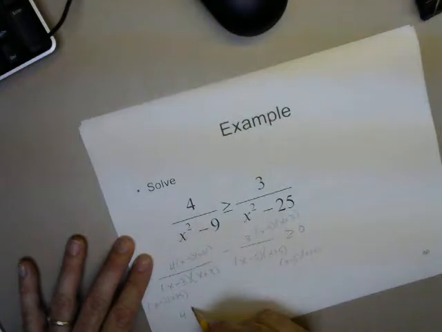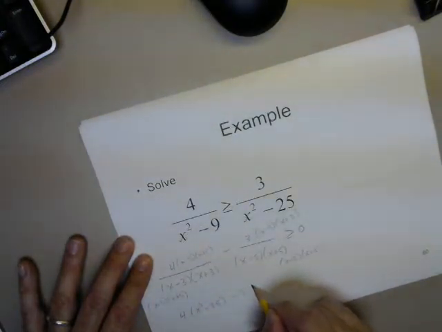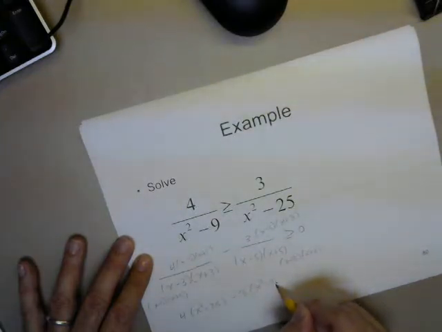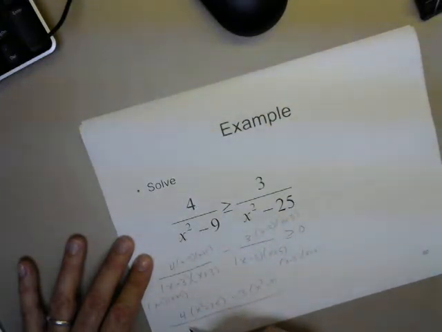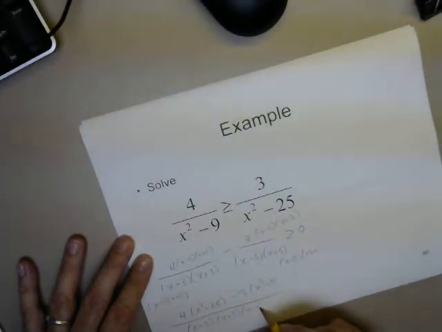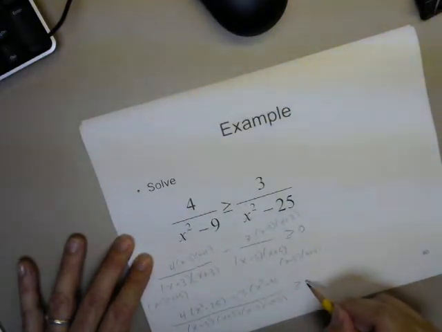So I'll get 4 times basically x squared minus 25. And I'll get minus 3 times x squared minus 9 if I FOIL that out. And then that'll be all over the common denominator given by all 4 factors there. Right, and then this will be greater than or equal to 0.